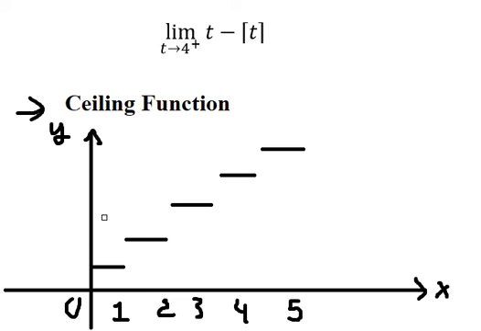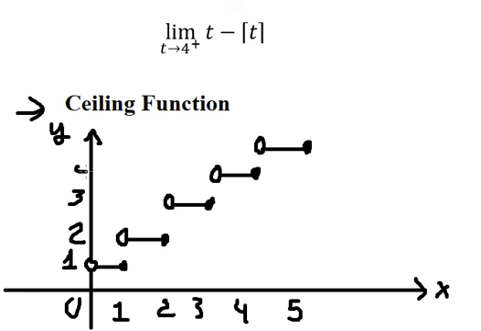Now I will put about the white dot and the black dot. So this is about 1, 2, 3, 4, and 5.